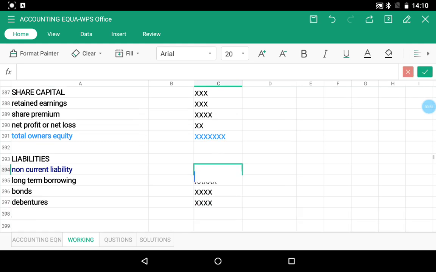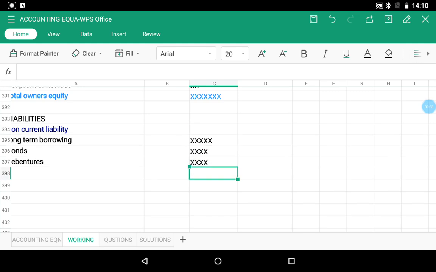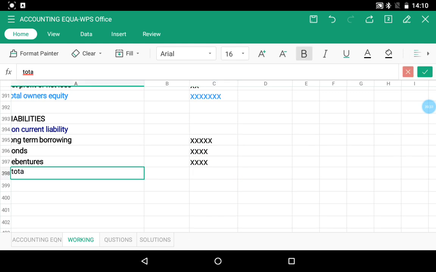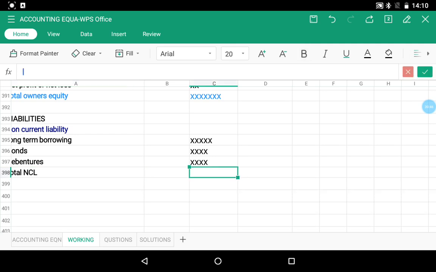So after you get your total non-current liabilities, come and get them here.